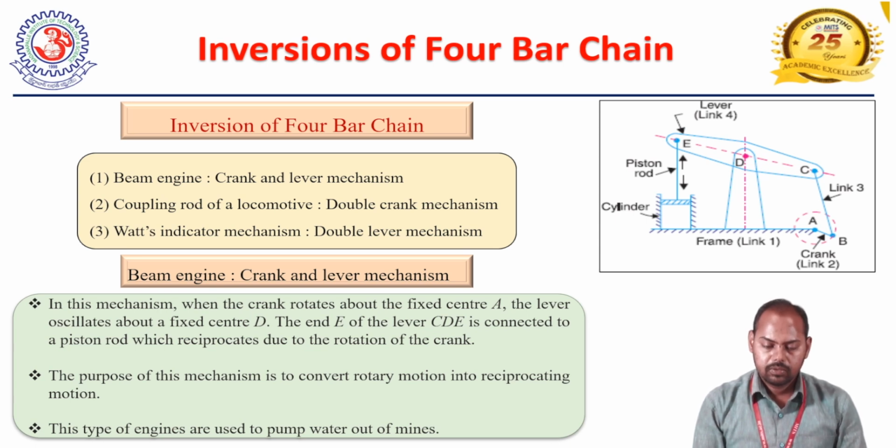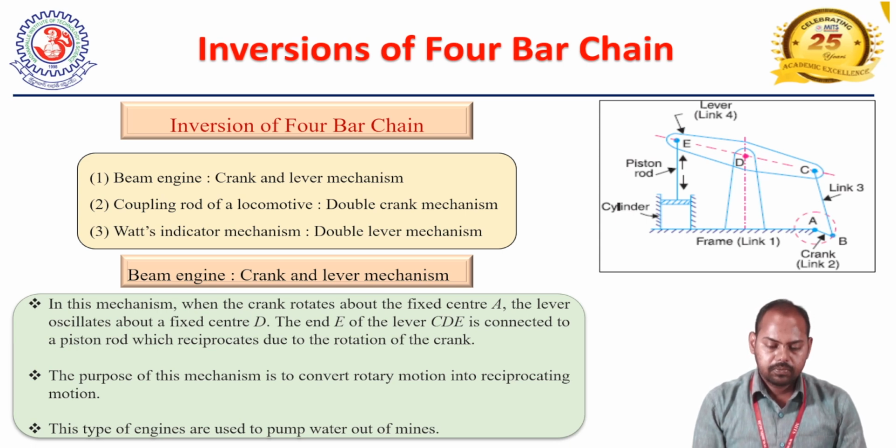The figure shows the beam engine mechanism. In this mechanism, when the crank rotates about the fixed center A, the lever oscillates about a fixed center D, as shown in the figure. The end E of the lever CDE is connected to a piston rod which reciprocates due to the rotation of the crank, which is indicated in the figure.